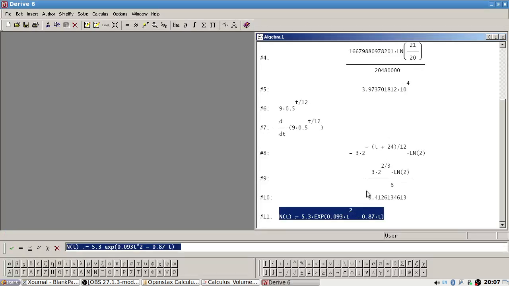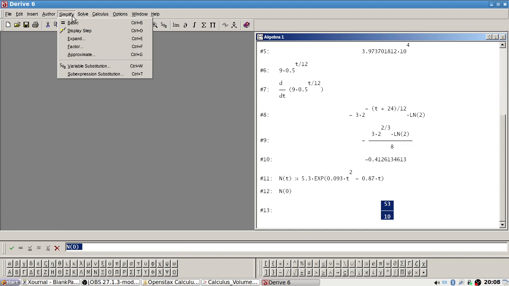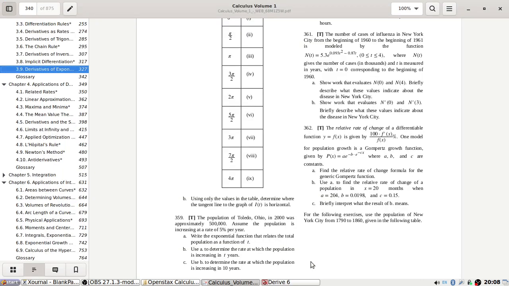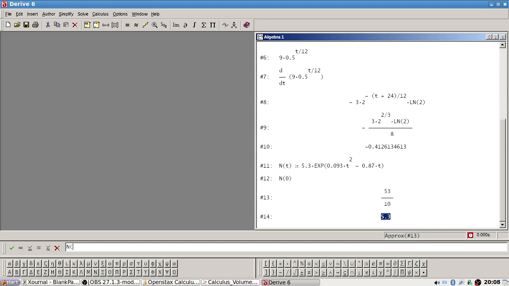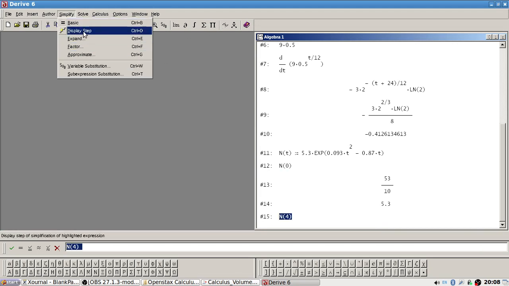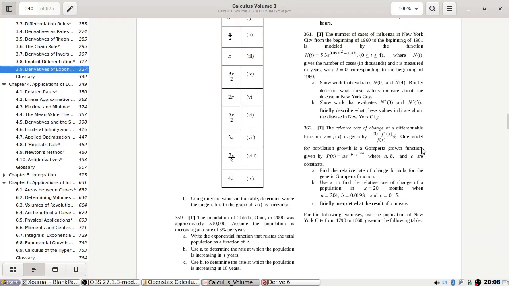Okay, calculate N(0) and N(4). Okay. Right. Okay.